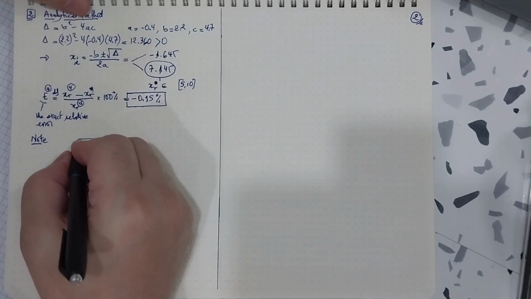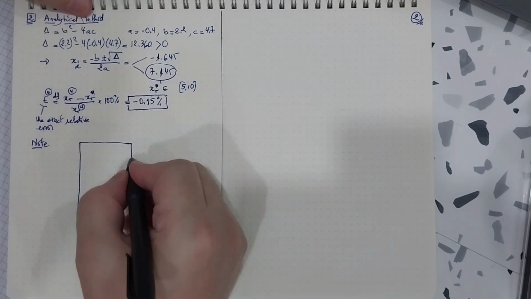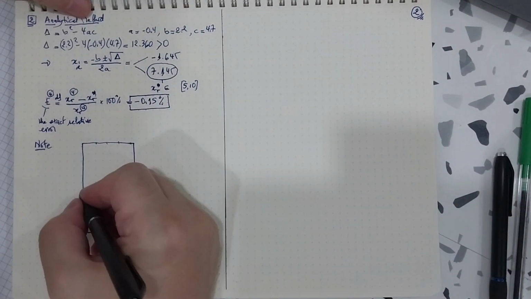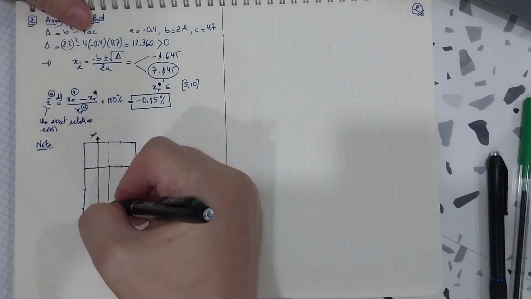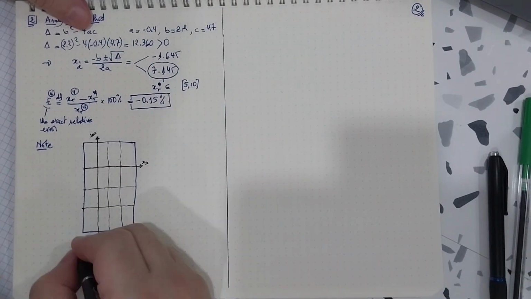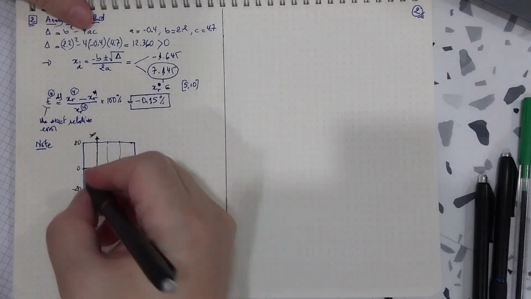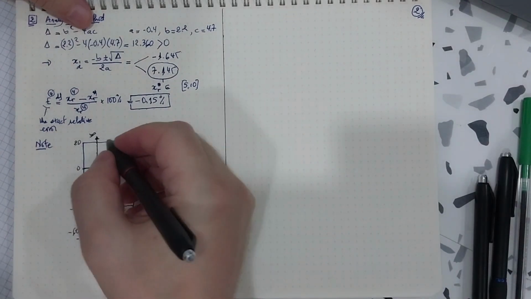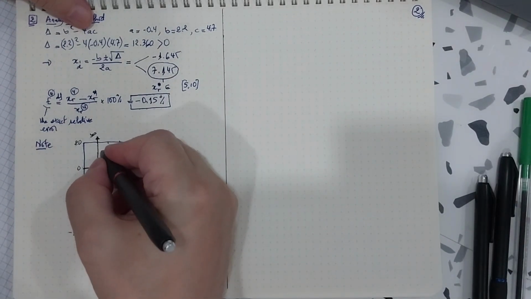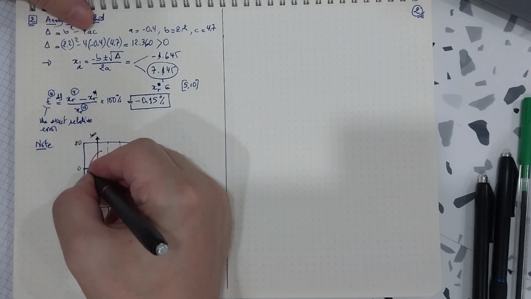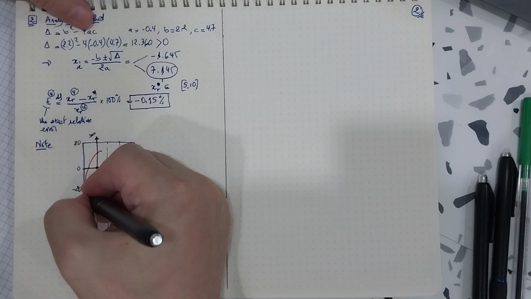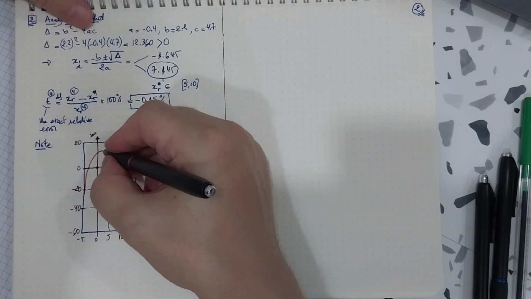A quadratic is generally a parabola. So this is the origin, and the curve should be like this, approximately, of course.